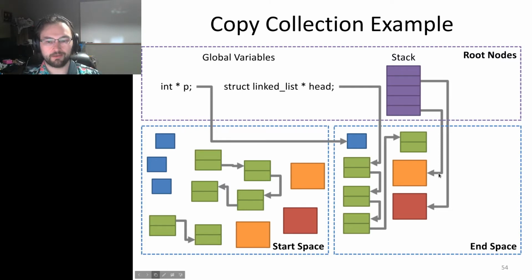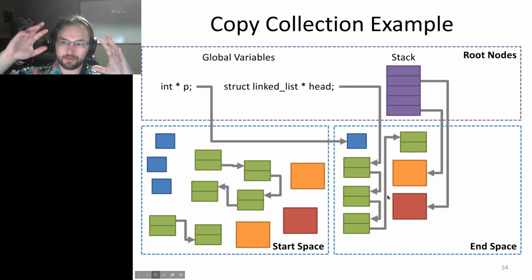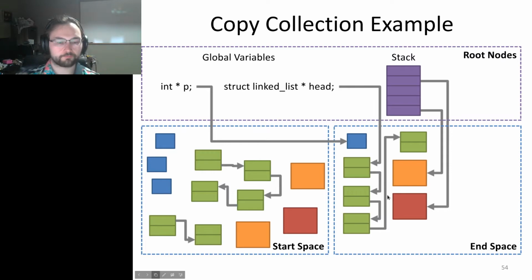And actually, one really cool thing just happened that I want to point out explicitly, and that is that our linked list here got copied into our heap in packed traversal order. So one of the problems with data structures like linked lists and trees in general is that they tend to end up all over the place in memory.